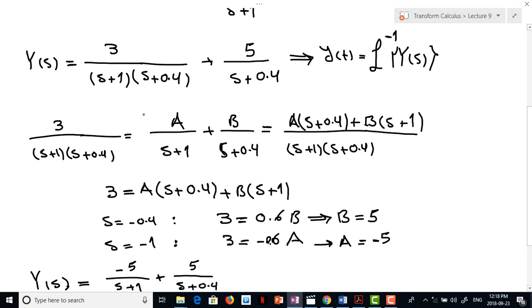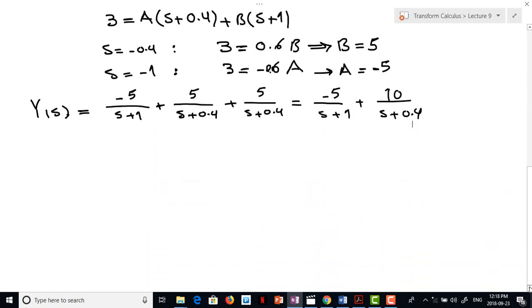So these two fractions are the partial fractions of the first fraction, but we already had 5 over s plus 0.4 as well, so I have to add it here. So it means that Y(s) is equal to minus 5 divided by s plus 1 plus 10 over s plus 0.4.